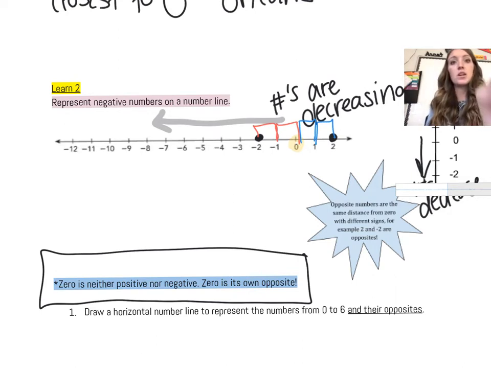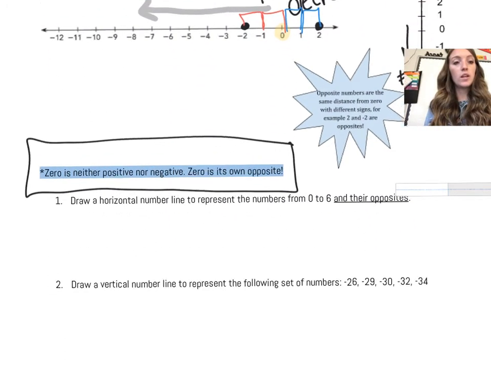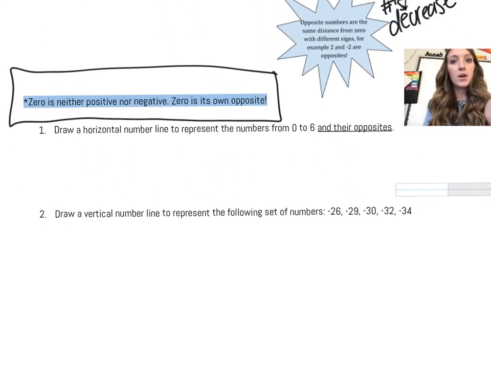So if I scroll and look at number 1, my job is to draw a horizontal number line to represent numbers from 0 to 6 and their opposites. Okay, so I have a horizontal number line.